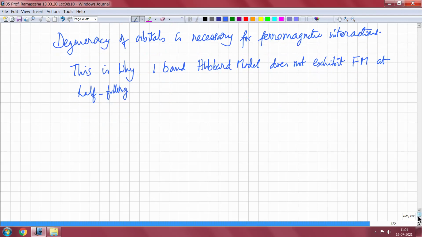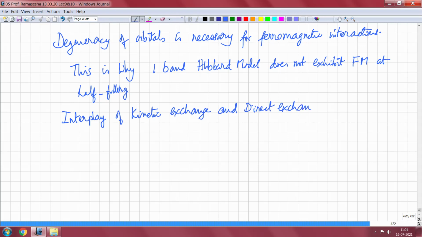Well, let us see what is the interplay of the kinetic exchange and direct exchange that leads to different types of magnetic ordering.